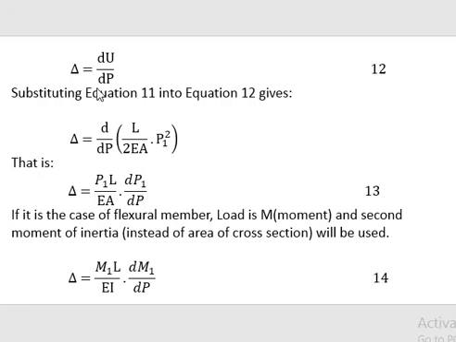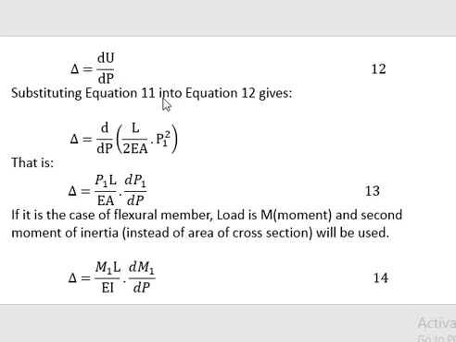So you can see equation 12. That is the first derivative, or partial differentiation, of strength energy with respect to applied loads, which will give us the deformation delta. This is stated on equation 12.